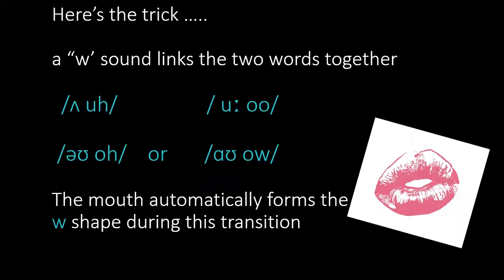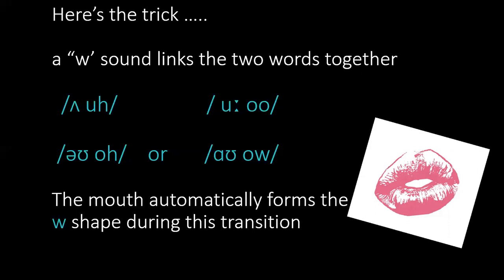So here's the trick. There's a very soft w sound that links the two words together, if a word ends in a, or oo, or o, or ow. For a native speaker, the mouth automatically forms this w shape during the transition.